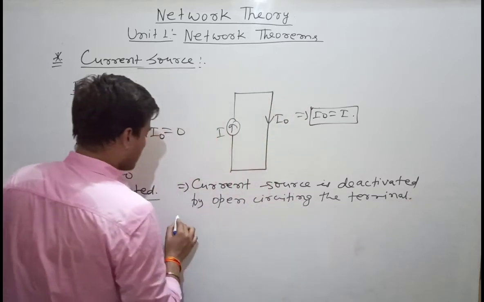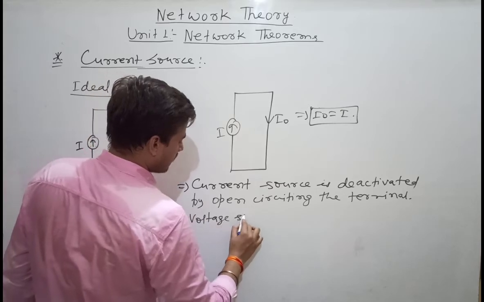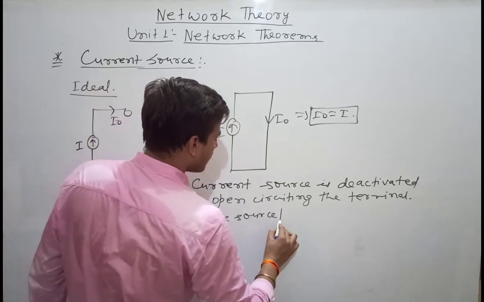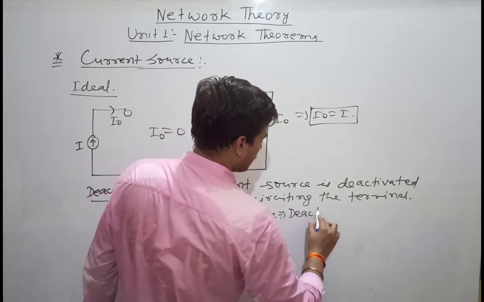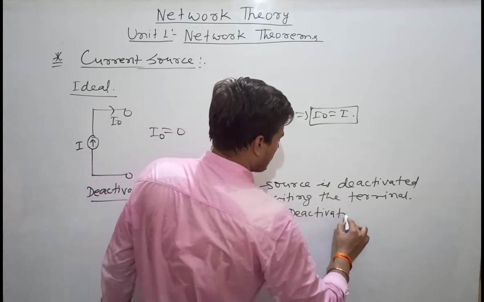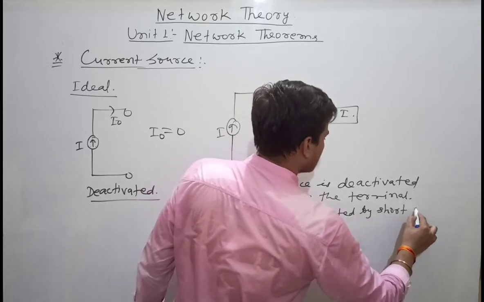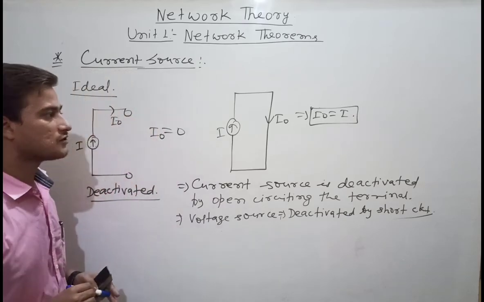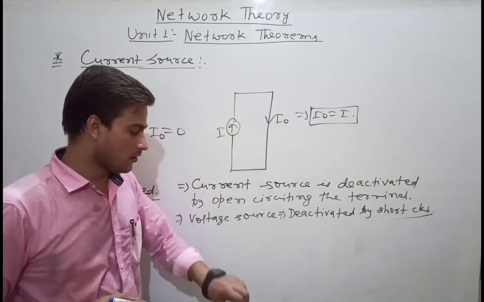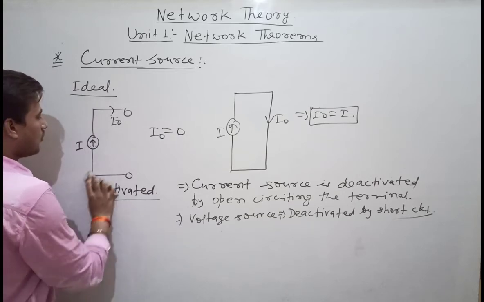In the case of a voltage source, how do you deactivate it? It is deactivated by short circuit. Voltage source will be deactivated by short circuit and current source will be deactivated by open circuit. Clear?